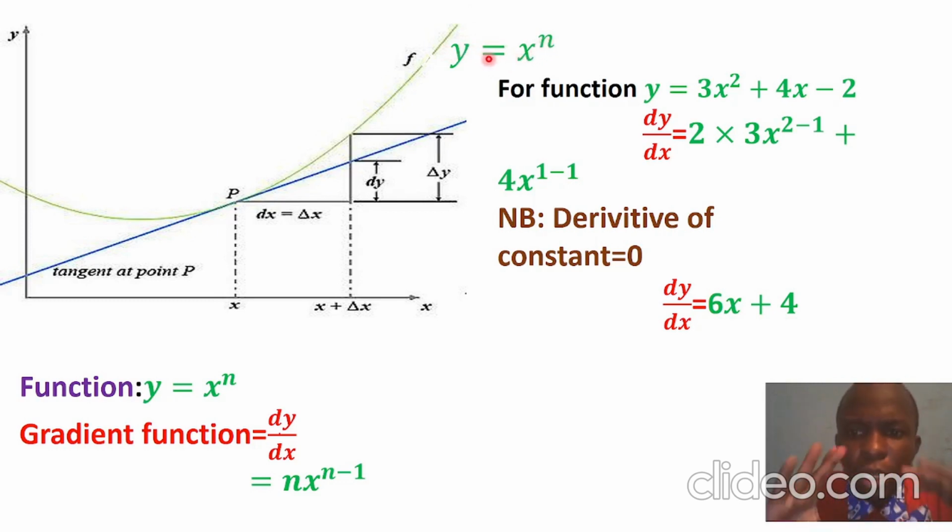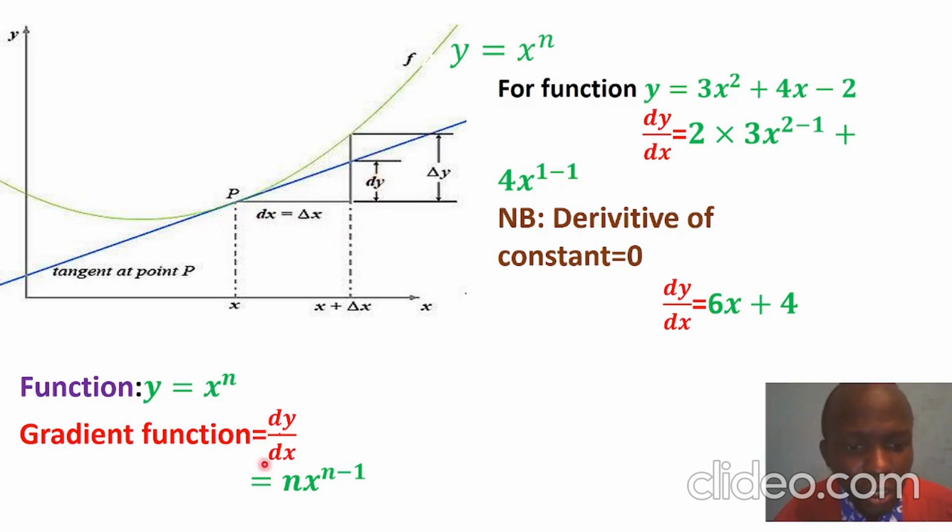Now, we are going to talk about differentiation of polynomials. This is a polynomial function, y is equal to x power n. So if the function is y equal to x power n, the gradient function is dy over dx. Now dy is the change in y, and dx is the change in x.